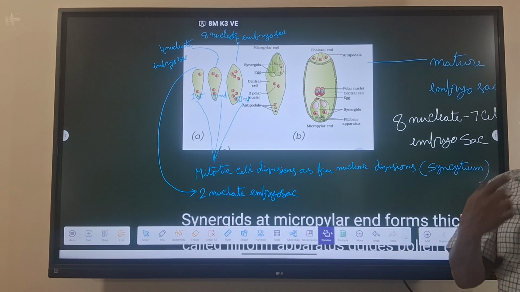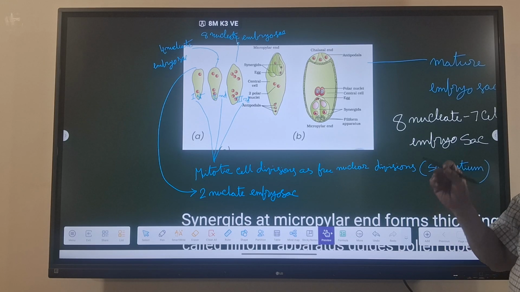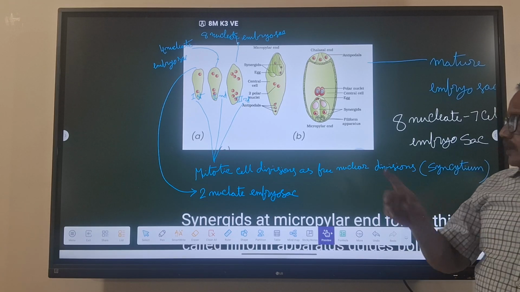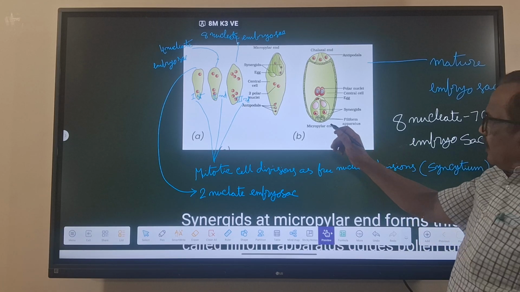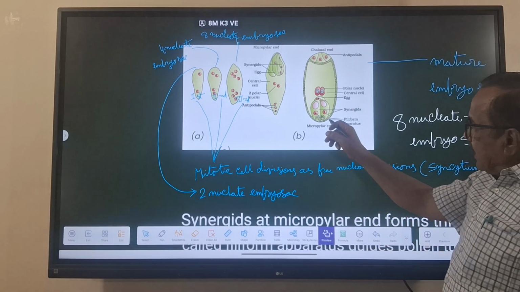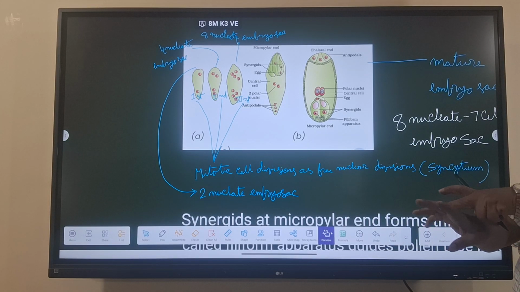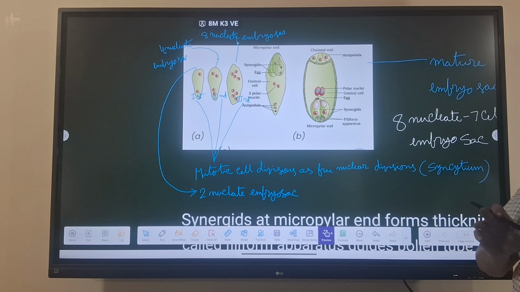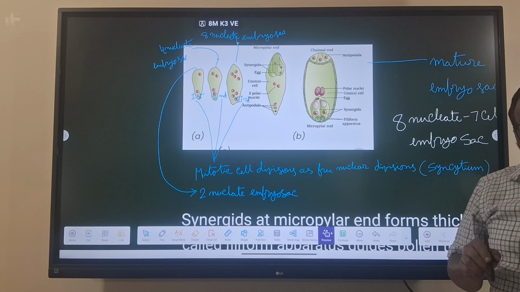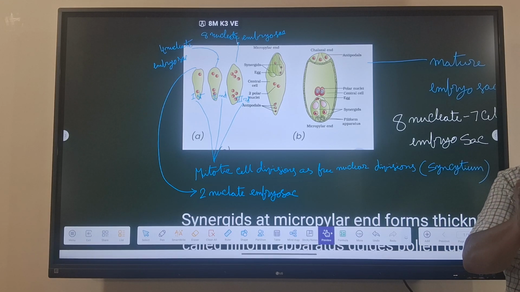These thickenings are called filiform apparatus. The filiform apparatus has a function: whenever the pollen tube enters the embryo sac, it will guide it, it will give the way. Into where will the pollen tube be guided? That also you will be asked. Into the synergid, clearly mentioned. Not into the egg, not into the central cell.